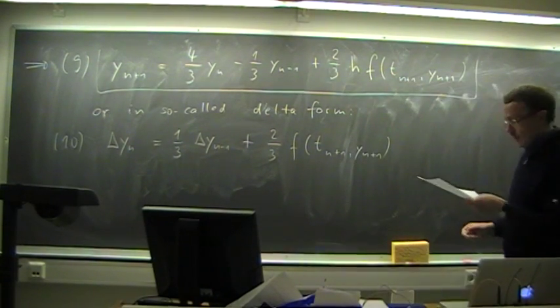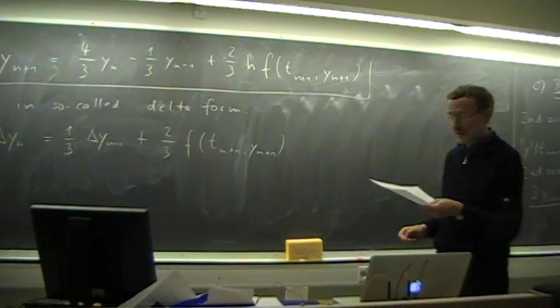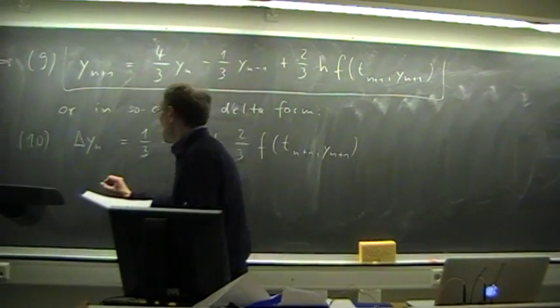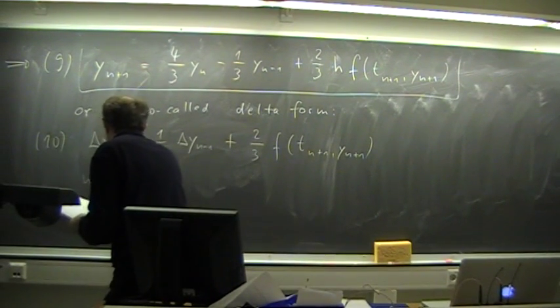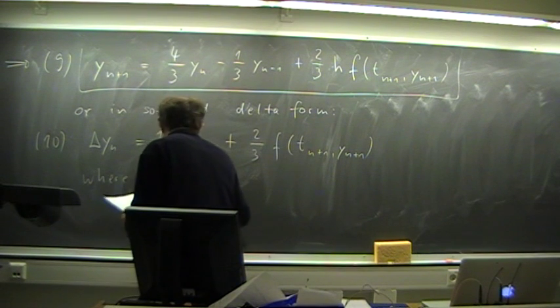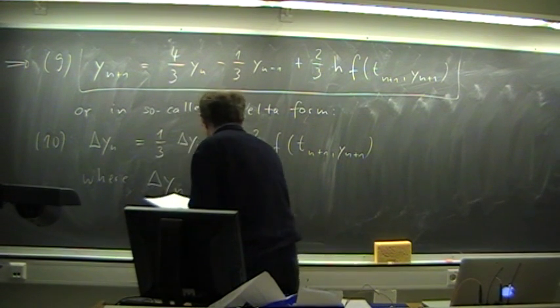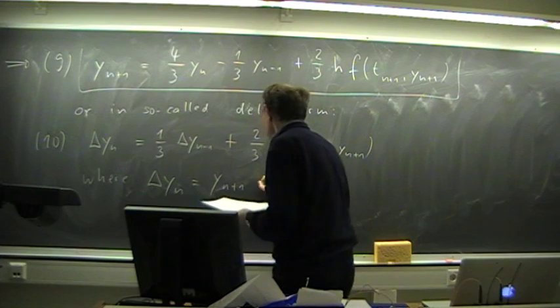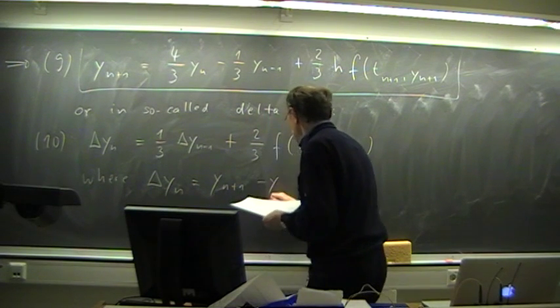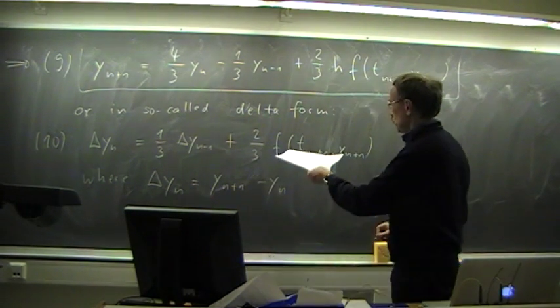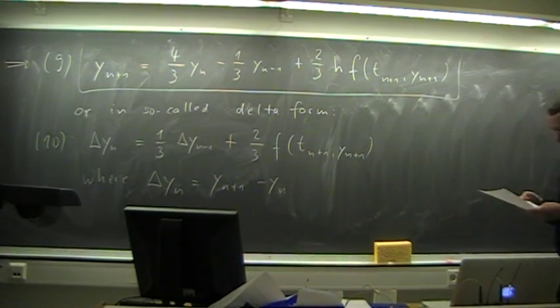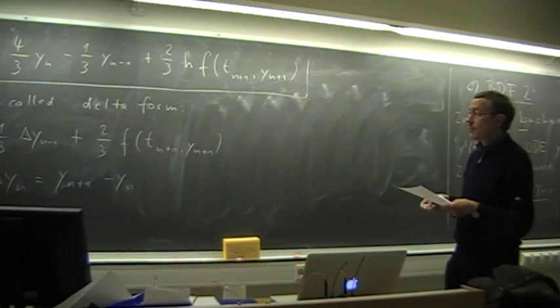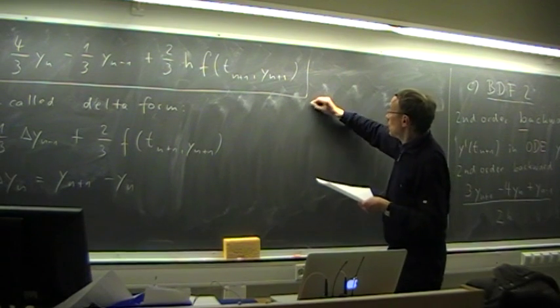With that formulation, the expression gets a little bit easier. And in here, the delta yn is the difference between the solution at the new time level n plus 1 and the old time level n. So that is what we can do here to give it another form.